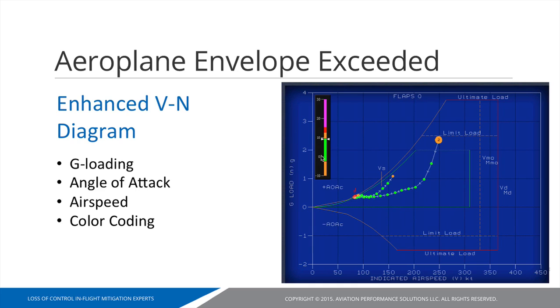So what this is telling the instructor is that each data point is a combination of G loading and airspeed. And what this line right here, this arc, represents, in most situations at least in low Mach scenarios, is the stall angle of attack, or CLmax, on the upper side of the wing, and this is on the negative angle of attack side of the wing.